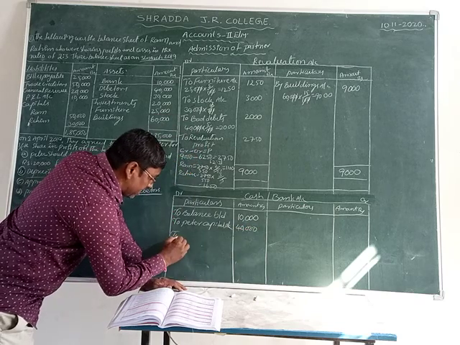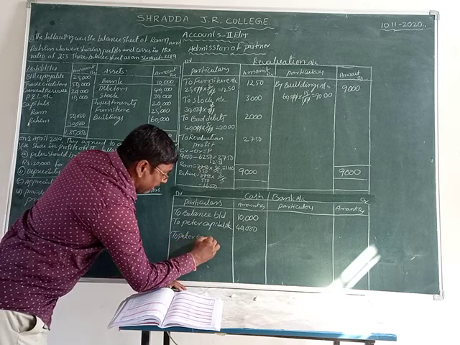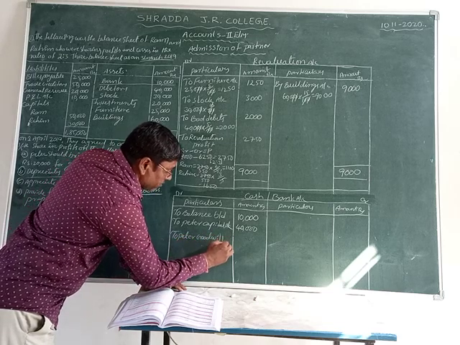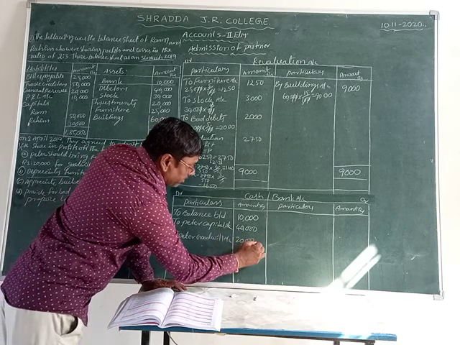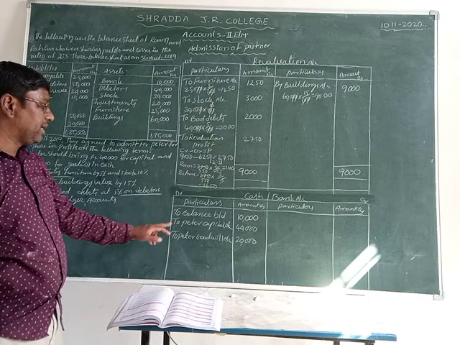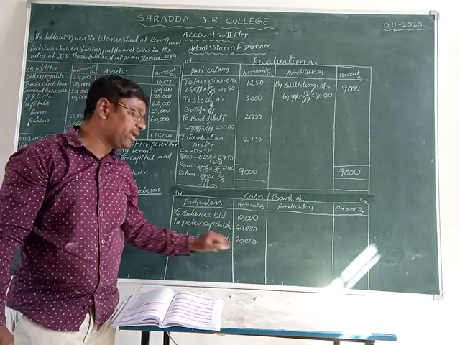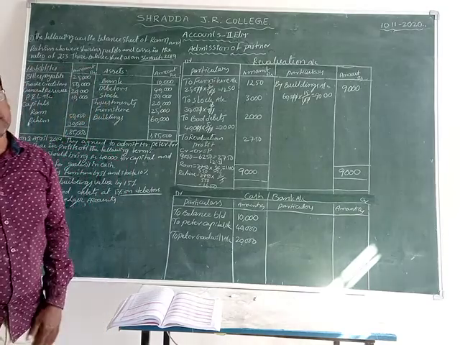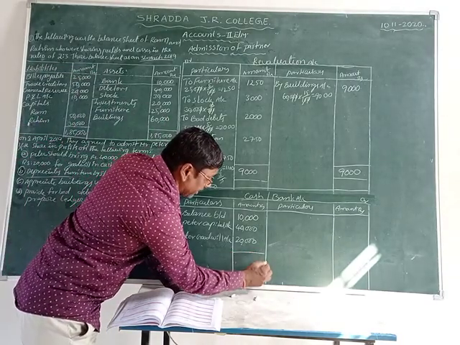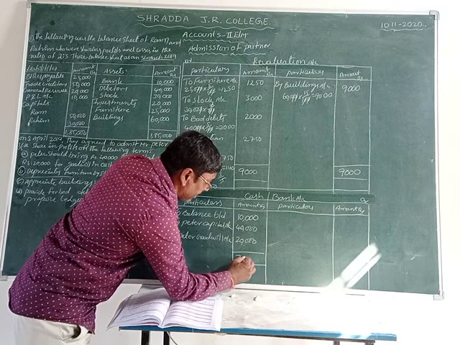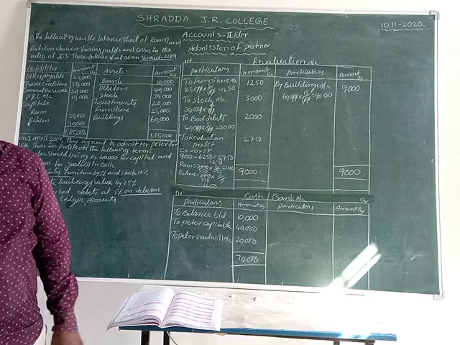Next, Peter's goodwill account, the value is 20,000 rupees, isn't it? So Peter brings 40,000 rupees capital and the goodwill, both are 60,000 rupees. So what is the total cash amount here? Let us see, 70,000 rupees is the total cash in the cash or bank account.